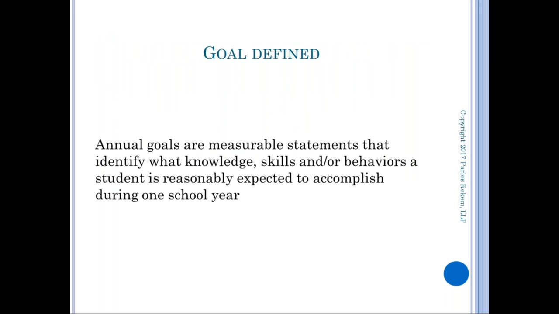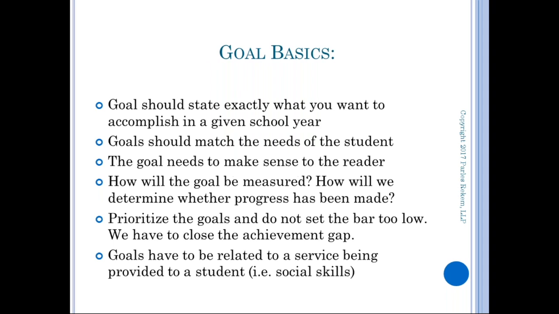A goal is defined as a measurable statement, as the statute says, that identifies what knowledge, what skill, what behavior a student is reasonably expected to accomplish during one school year. So, some goal basics. Goals are the roadmap to how we get from point A to point B in a school year, and goals should state exactly what you want to accomplish.